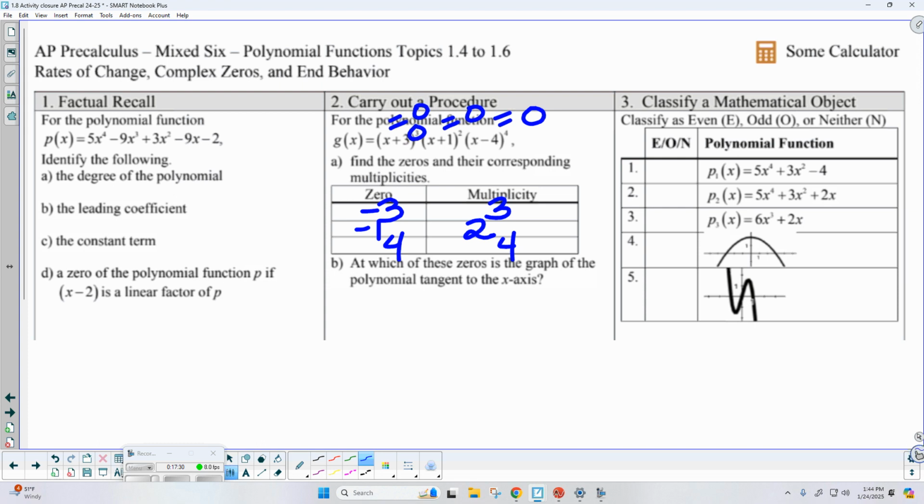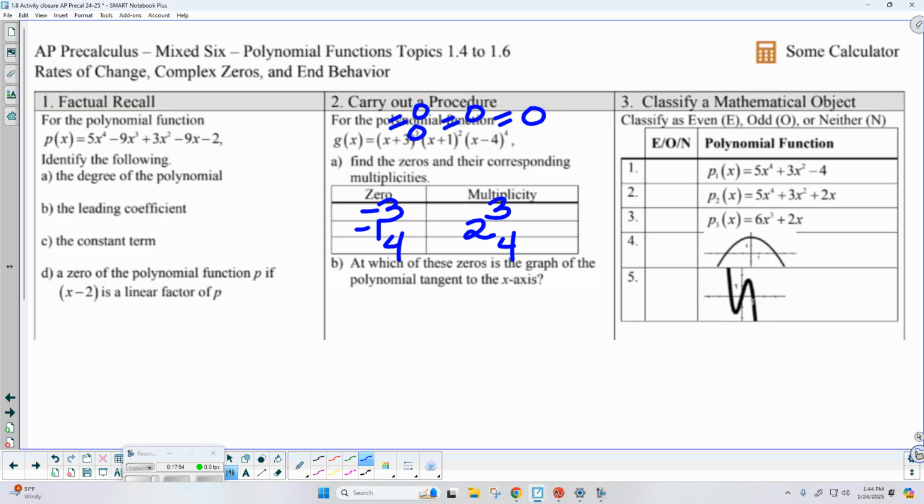Now, B, at which of these zeros is the graph of the polynomial tangent to the x-axis? Remember, when we see that word tangent, we're talking about one point of intersection. So basically, at which of these zeros would it not cross? Would it hit the axis and bounce off? What do we think? Negative 3, negative 1, 4.